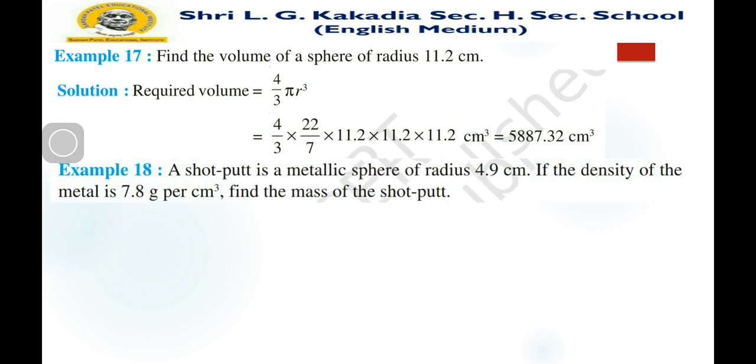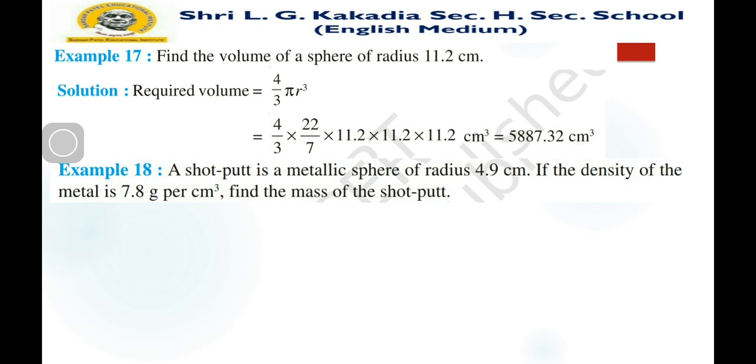Example number 18. A shot put is a metallic sphere of radius 4.9 centimeter. If the density of the metal is 7.8 gram per centimeter cube, find the mass of the shot put. So here, given one shot put, it is made of metal and it is shaped like a sphere.